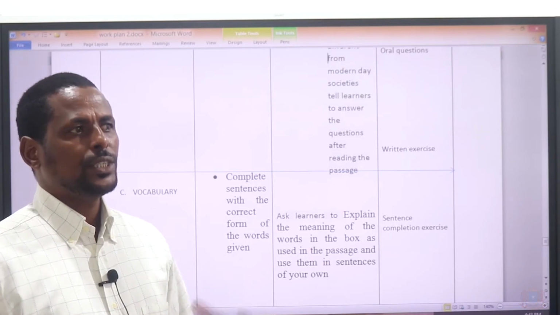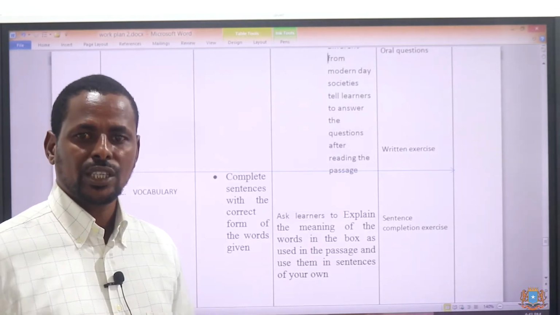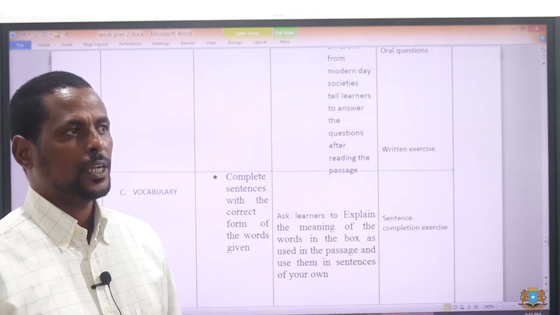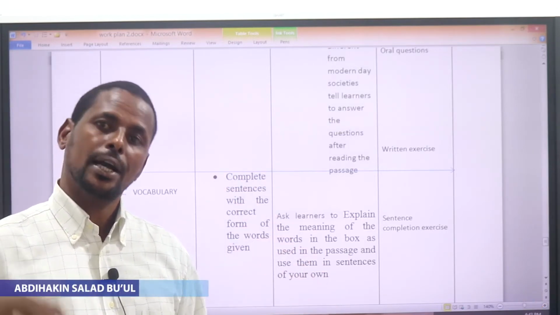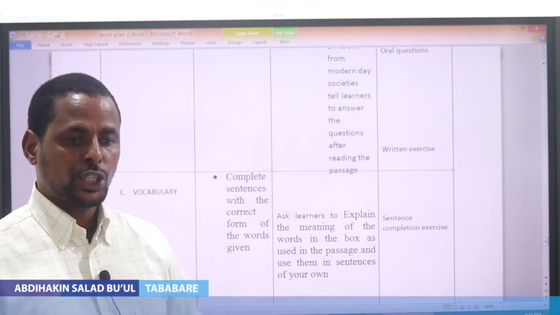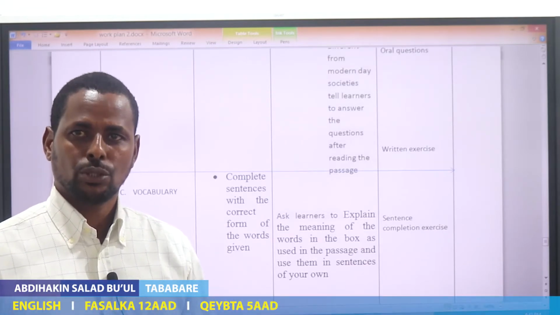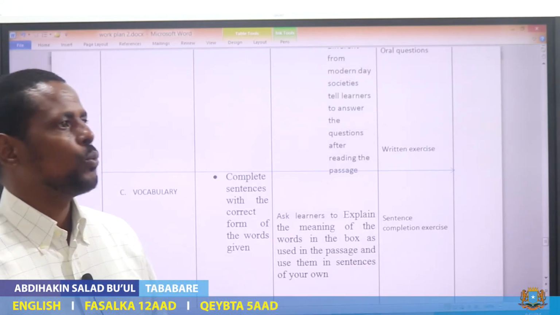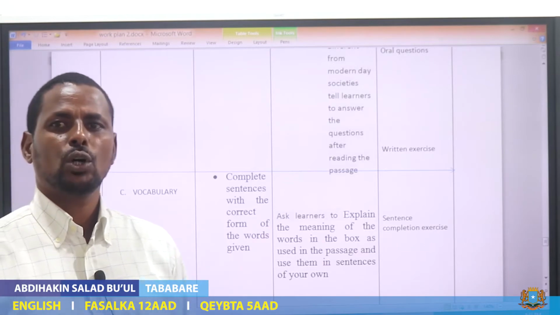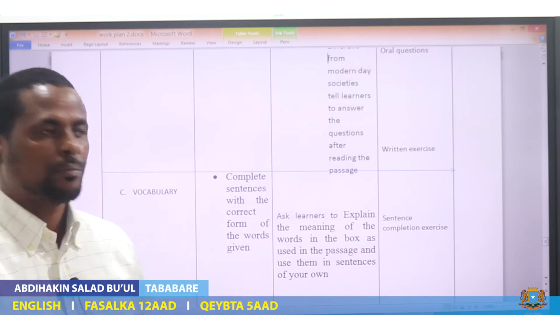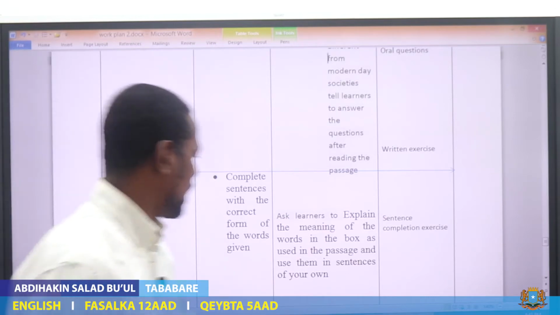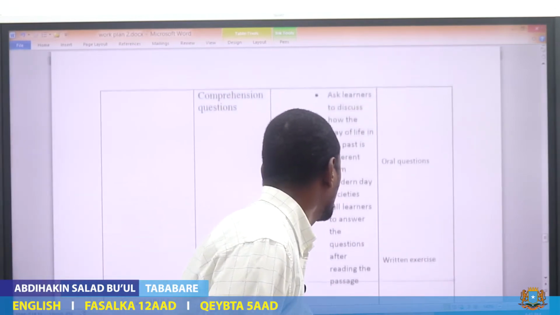Let the students discuss the way of life of people in the past and in modern day based on these dimensions. Therefore, when they have got enough clue of what they are going to read, allow them now to read the passage.